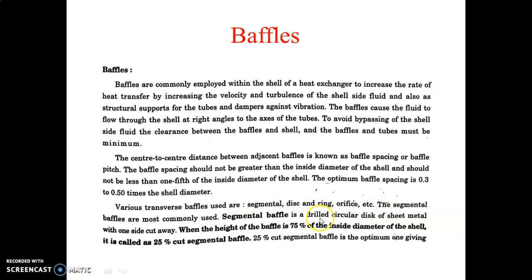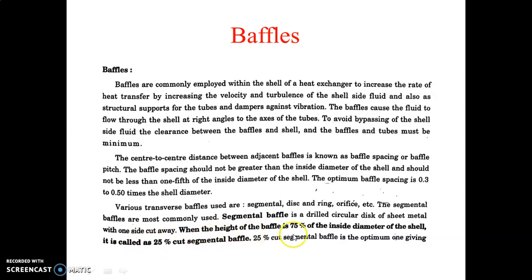So what is meant by segmental baffles? A segmental baffle is a drilled circular disc of sheet metal with one side cut away. That means it is a circular plate which also has holes in that metal plate, and on one side it is cut.